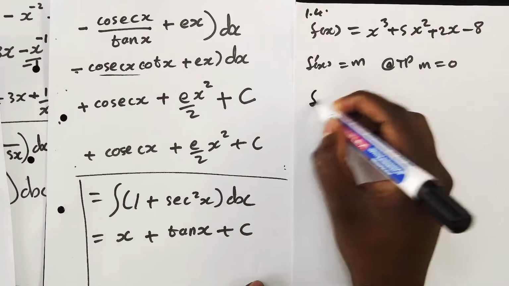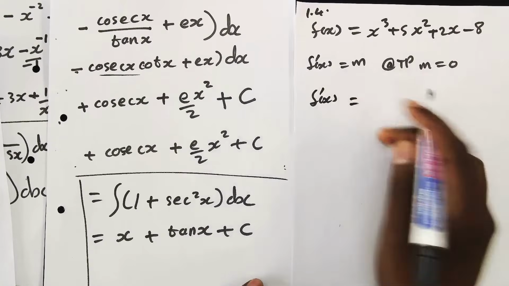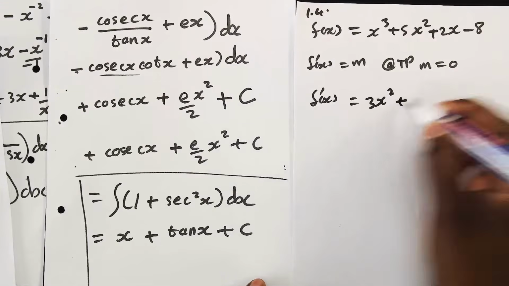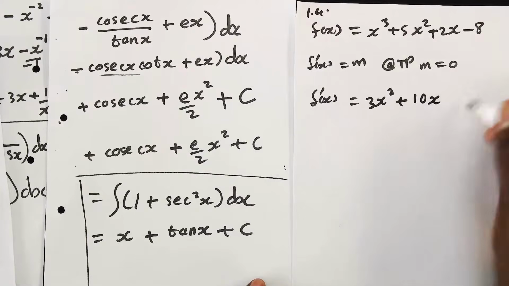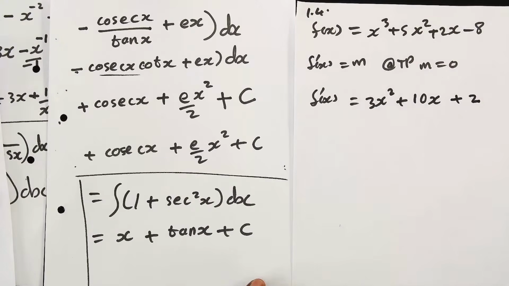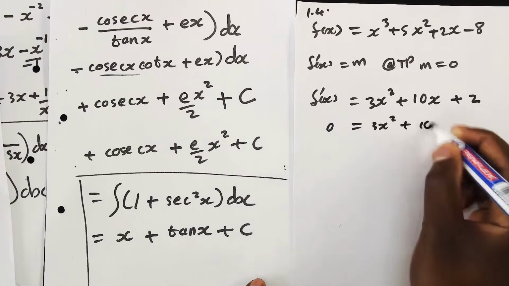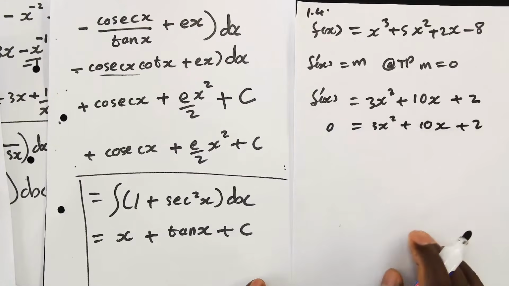So let us find our first derivative now. F prime of x is equal to 3x squared plus 10x plus 2. Derivative of negative 8 is 0. Then we'll state that 0 is equal to 3x squared plus 10x plus 2. You can try if you can factorize, but I see factors of 2, they want you to multiply out to give you 10.